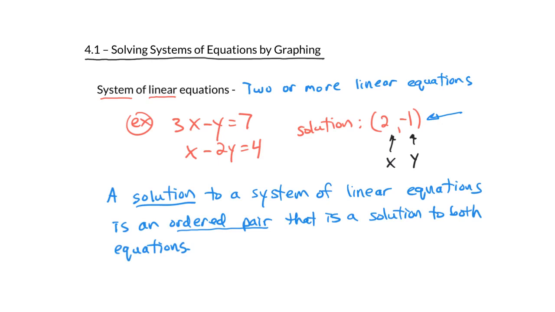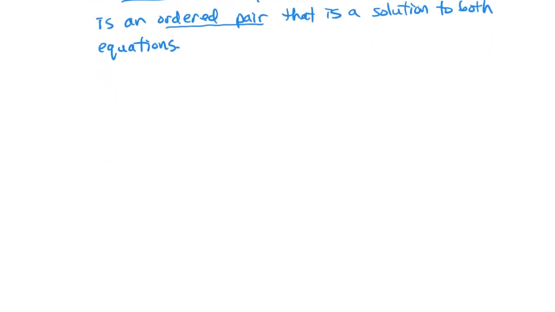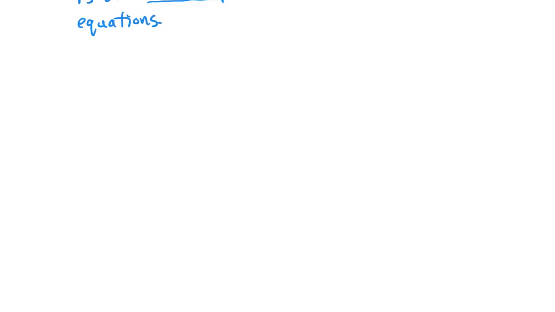So if we think about what this is an equation of a line, this is another equation of a line. If you graph two equations of lines, there is really only three things that can happen, only three. And this is important for us to know.